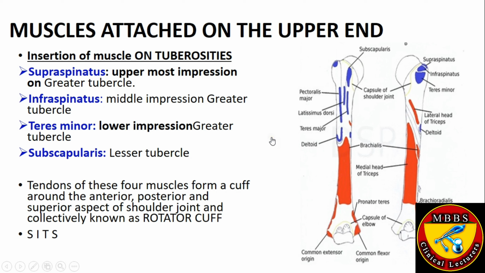On the upper end, the muscles attached are the supraspinatus, infraspinatus, teres minor, subscapularis. Now, the supraspinatus is attached on the most upper portion of the greater tubercle.